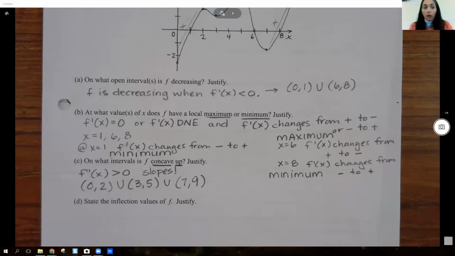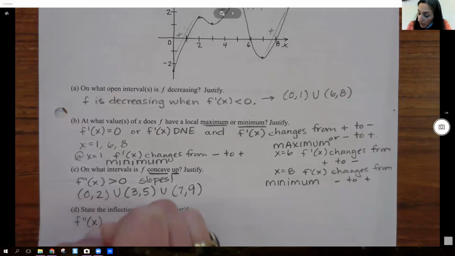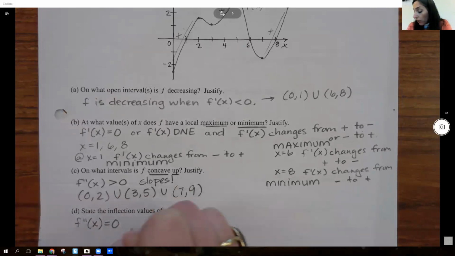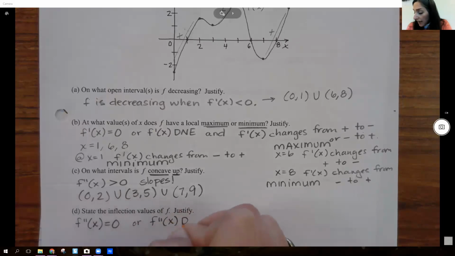All right, now part D, state the inflection values of f. So we were talking about this in the last couple of days. The inflection values would be when the second derivative equals 0 or where the second derivative does not exist.